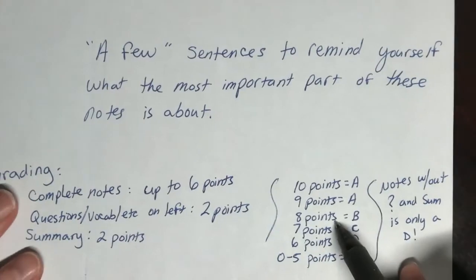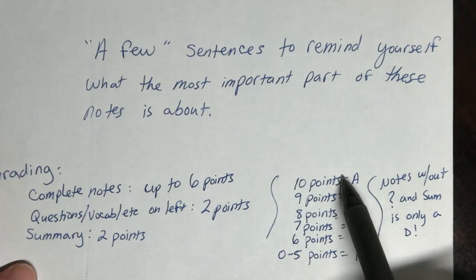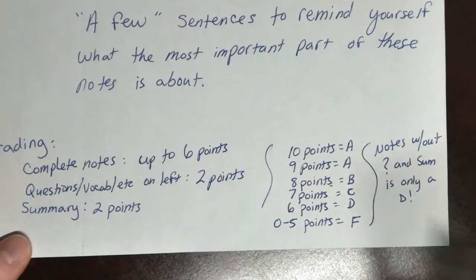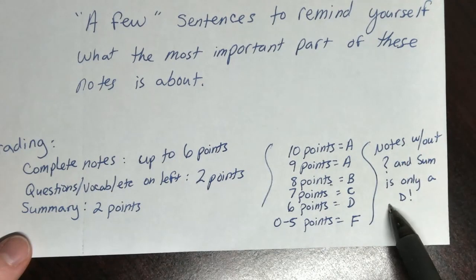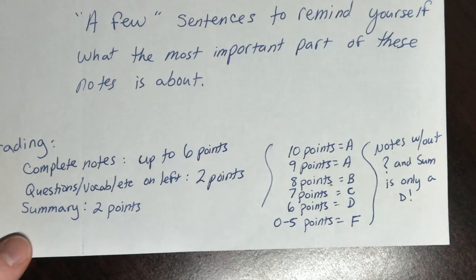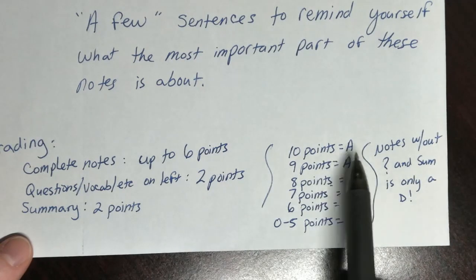That is a B. If you add your own summary, you will probably get an A with either 9 or 10 points. So remember, notes without questions and a summary is only a D. It is so incredibly easy to get a B or better on this, and also easy to get that A. So don't waste your time by getting the F or the D. Make it easy. Get yourself the A.